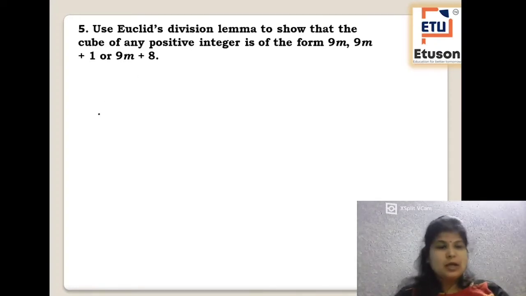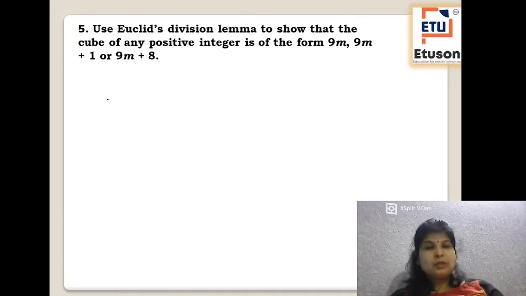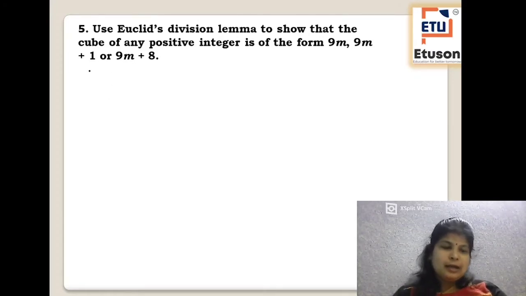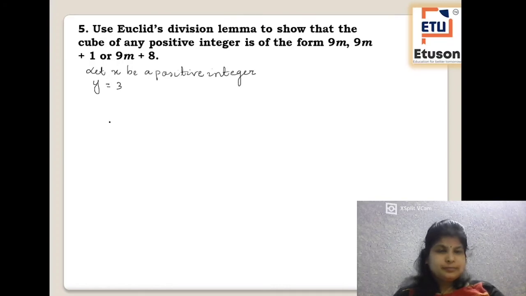So as usual, if you remember, just now we have done, I will write: let x be a positive integer and y is equal to 3. Correct.